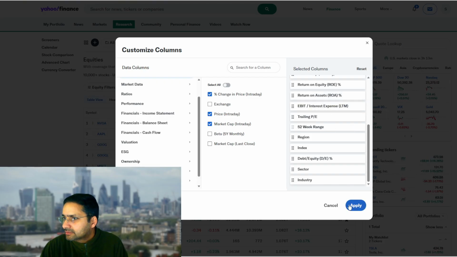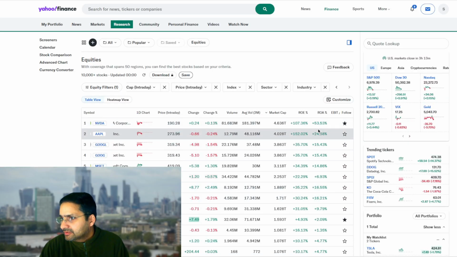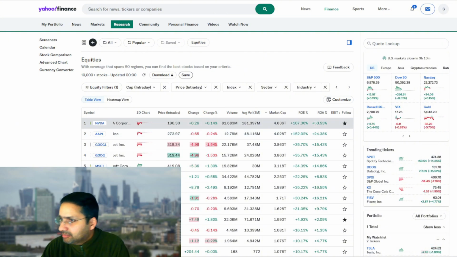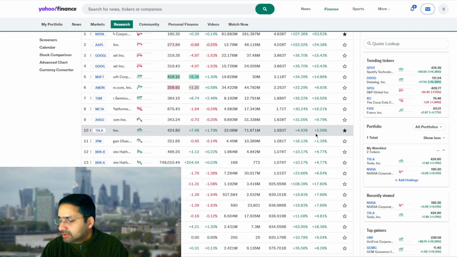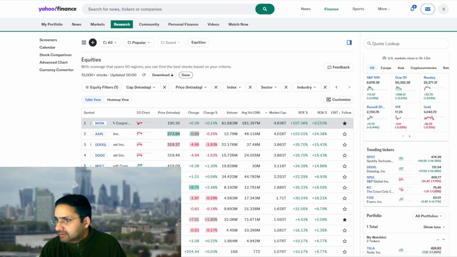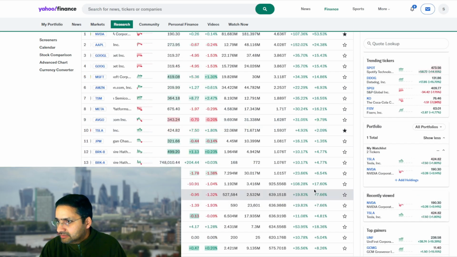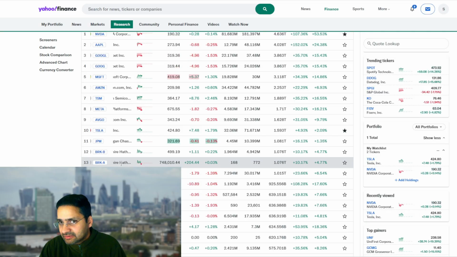Here. Yeah, so again ROA has been pretty good as well, but if we scroll down to these companies, see, Berkshire Hathaway has done okay in terms of return on equity, 10%, not bad.